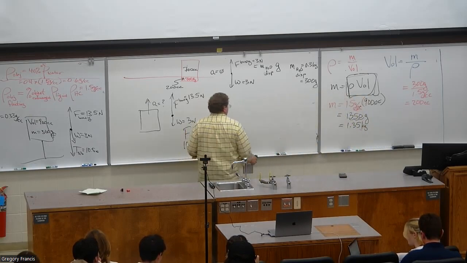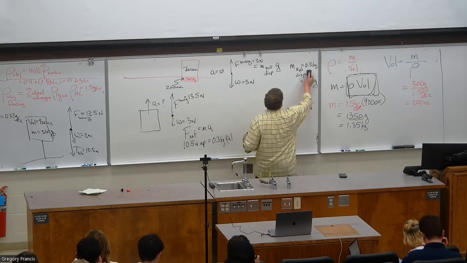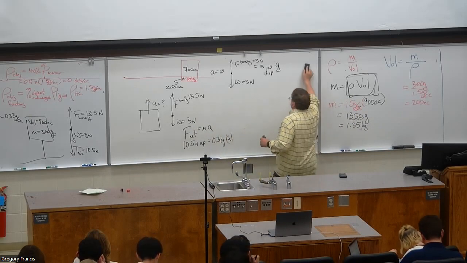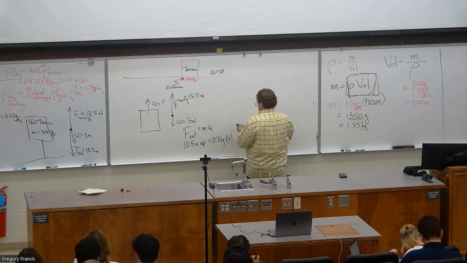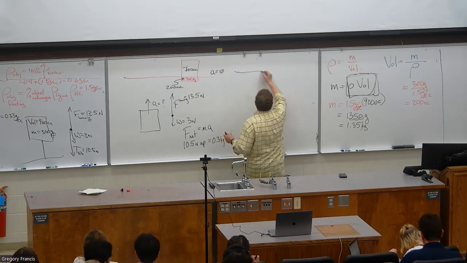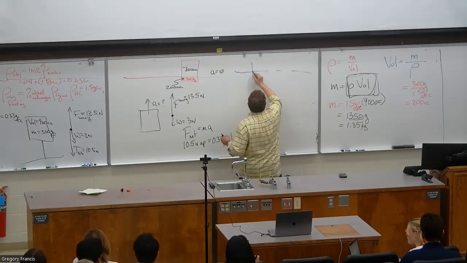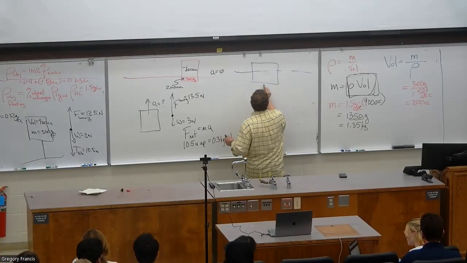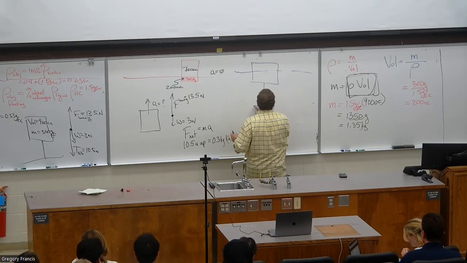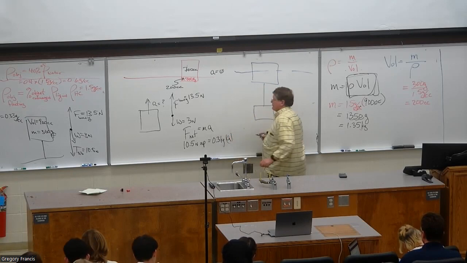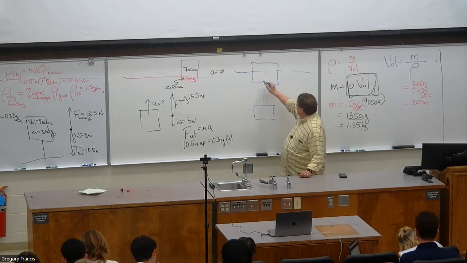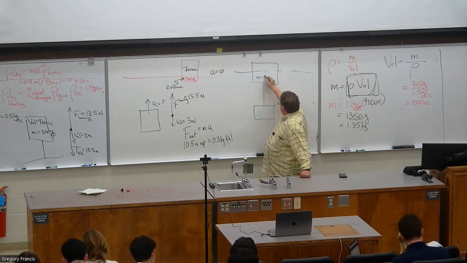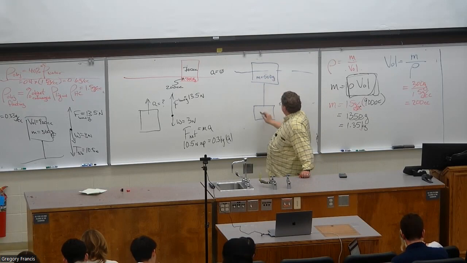The trickiest problem that you've had so far was the problem where you had two blocks that were connected by a string. And you were told that both blocks had a mass of 500 grams.